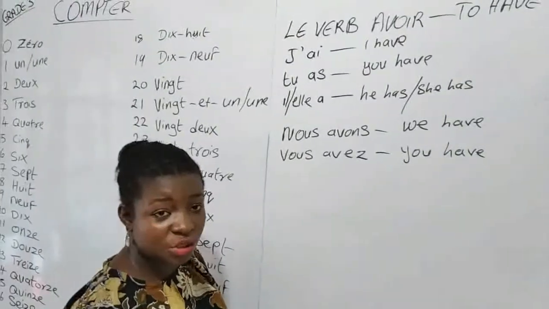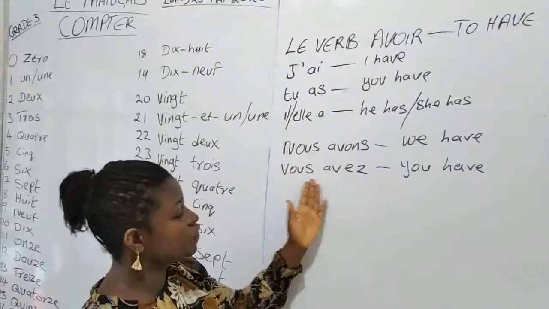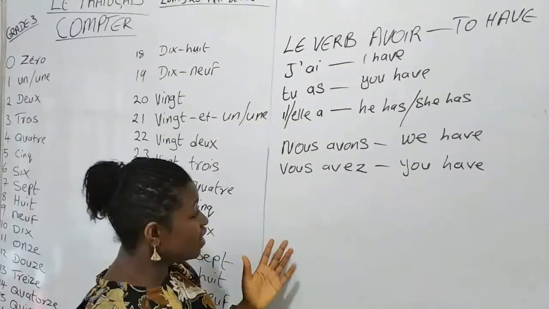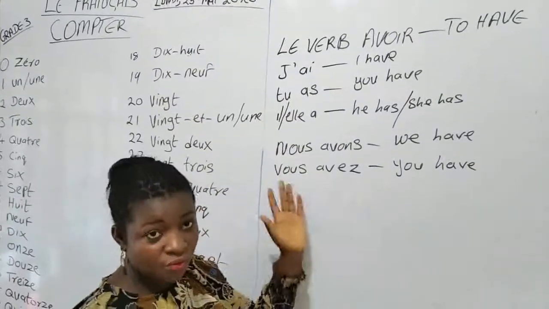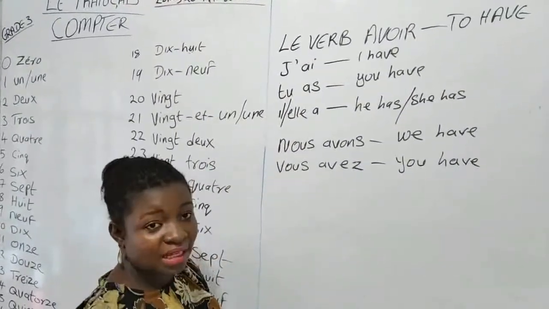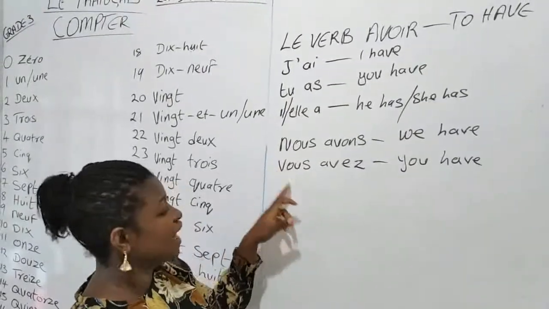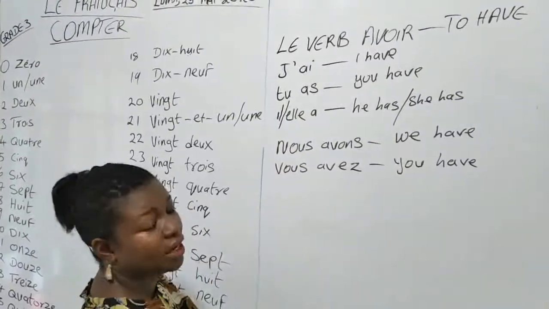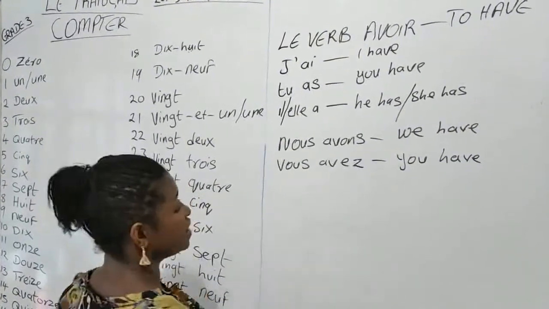But if you are talking to one person that is older than you, you have to use vous avez. If you are also talking to more than one person, you use vous avez. So vous avez is used to indicate plural. Like I said, this is second person plural, and then it is also used when you are talking to somebody older than you or somebody you are meeting for the first time.